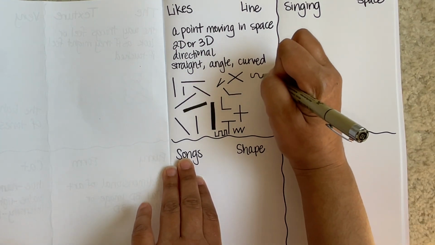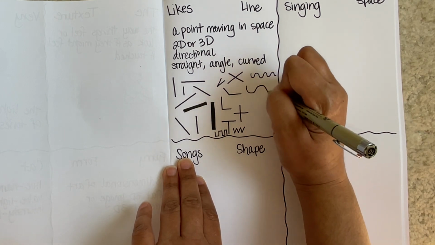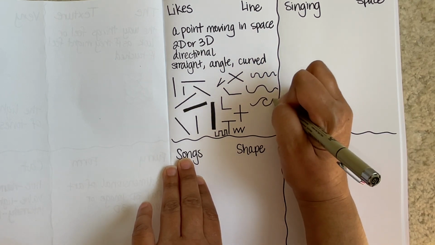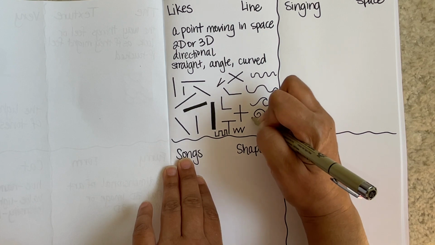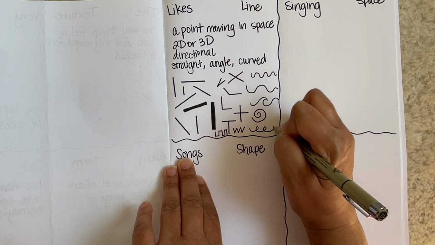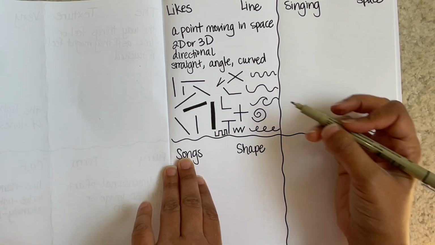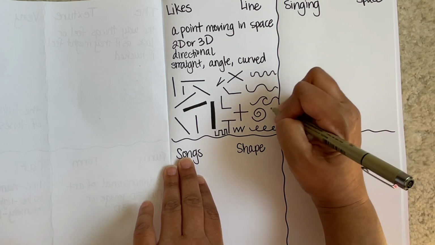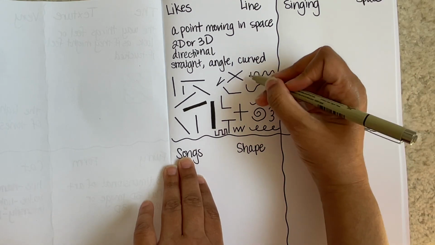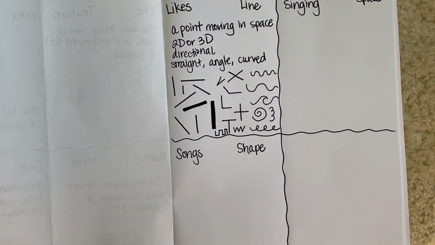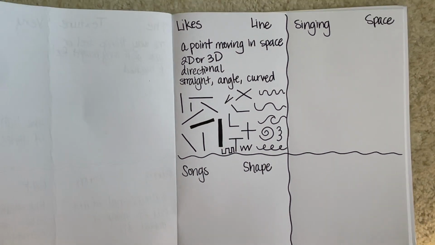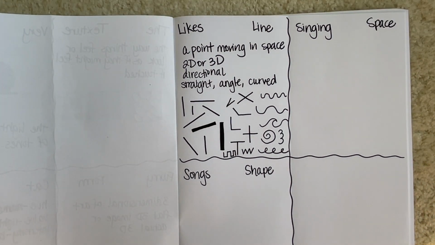But then with curved, there's like a lot. There are so many. Loop-de-loop, spiral, wave, cloud, squiggly, wiggly, all these different names for them. But these are all the different types of lines.